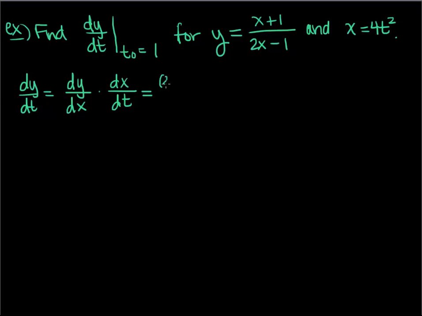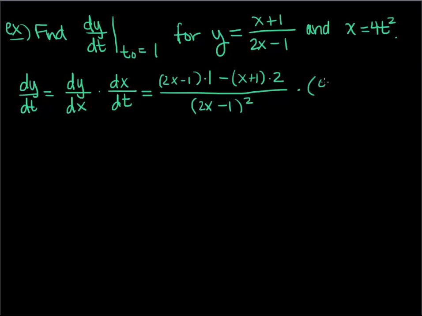So the quotient rule tells me down, d up, so derivative of the top, minus up, d down, the derivative of the bottom is 2, all over down, down. I hope you're starting to get comfortable with the quotient rule. So there's my derivative of y with respect to x, and then what is the derivative of x with respect to t? It looks like that would be 8t.